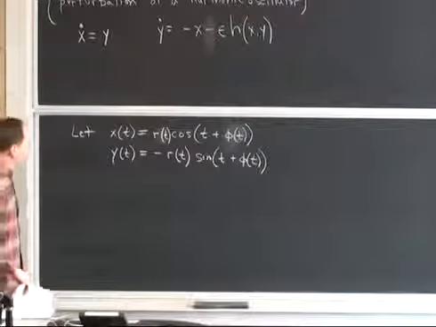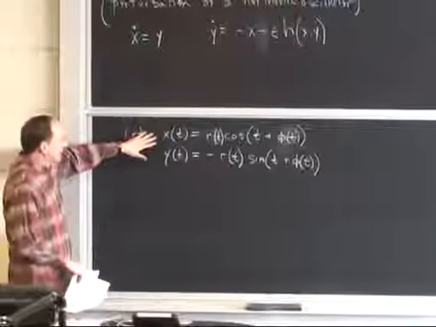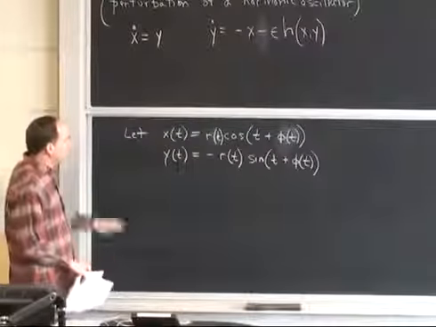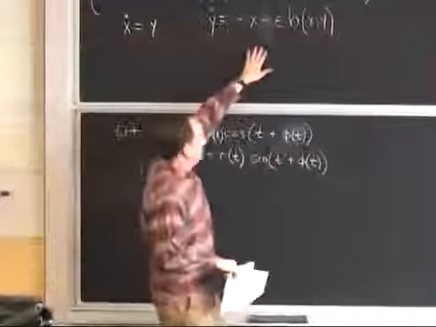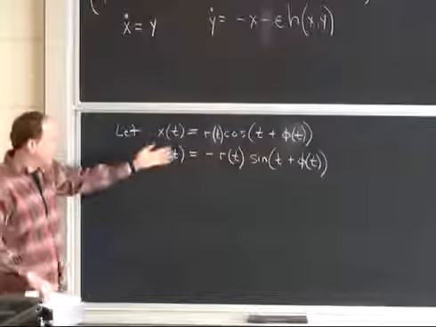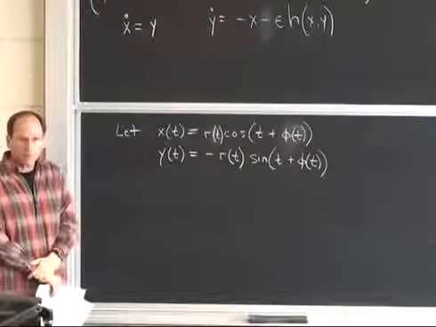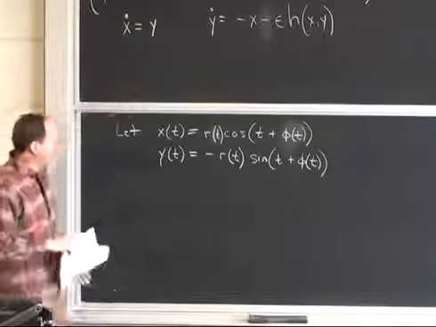Yes, that's true from one point of view, but the way you should think of this is, suppose I have x and y as solutions of this system. I can define variables r and phi by this definition. This is really more a definition of r and phi than a statement about calculating derivatives.